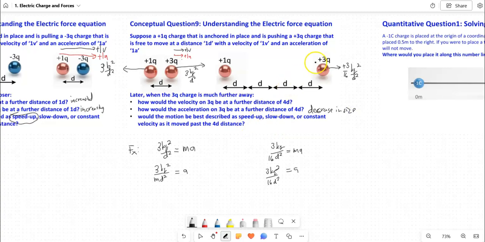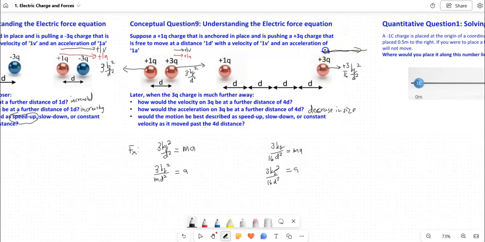But that doesn't matter. See, right at this instant, it's going to have 1/16 of the acceleration, but it's been accelerating the entire time. So if you have an acceleration or a force on you pushing you, and even though that force is dropping off over time, your velocity vector would still be increasing the entire time.